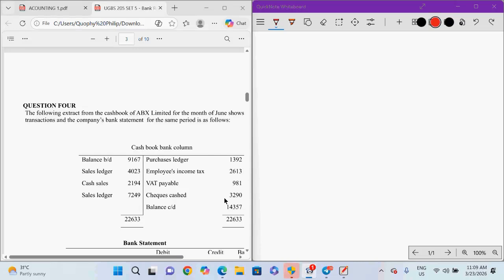The last time we looked at it in a statement form, but it can also be presented in a table form as we see on the screen. So when it comes like this, we also need to know how to answer it. So someone should kindly take us through the questions.